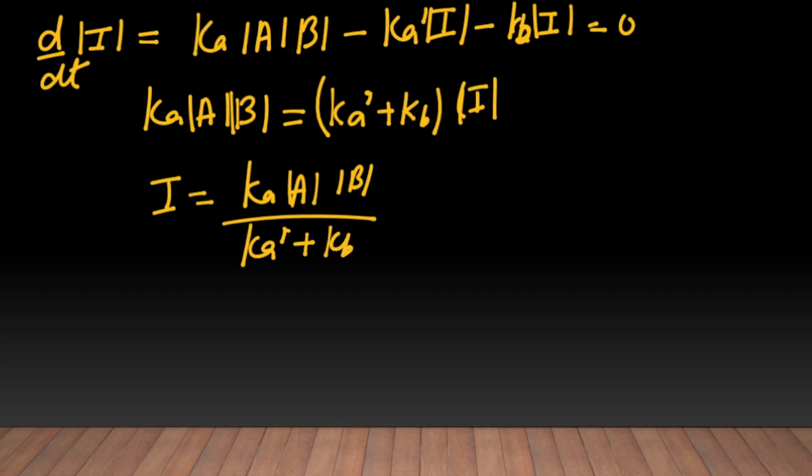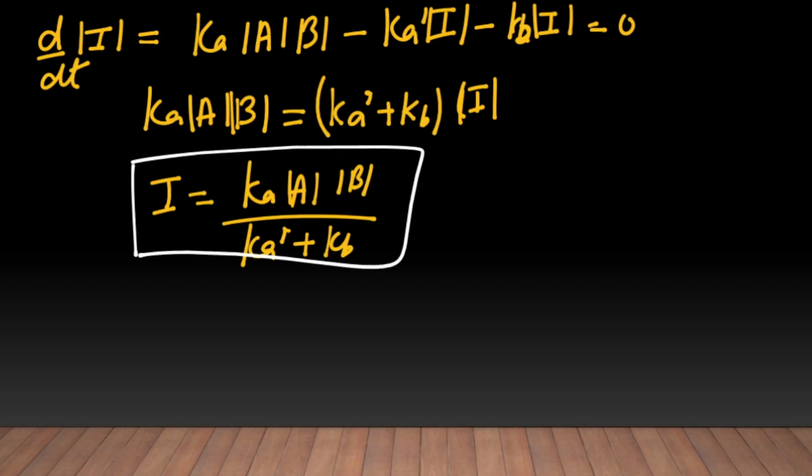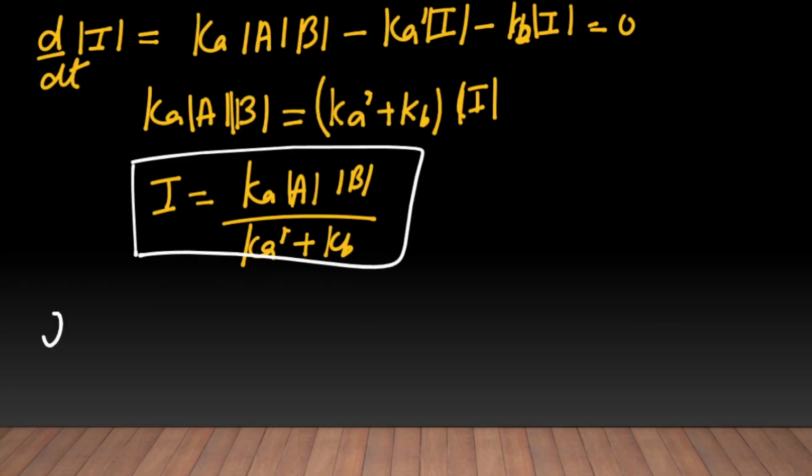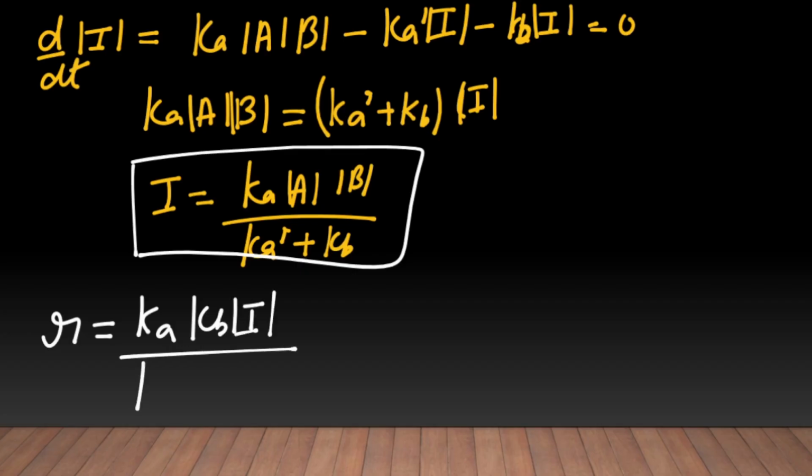So this is what the I value we will be getting, right? So the overall rate expression becomes this value, which was Kb into the I. So just substitute, it will become Ka into Kb into A and B upon Ka dash plus Kb. This is what we are getting.